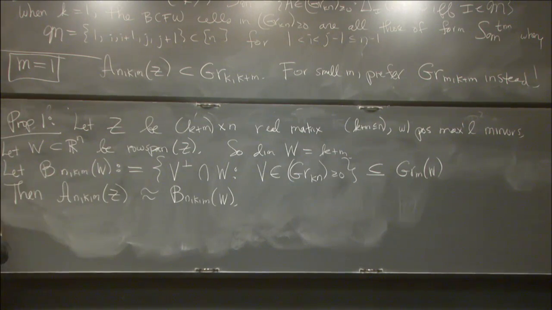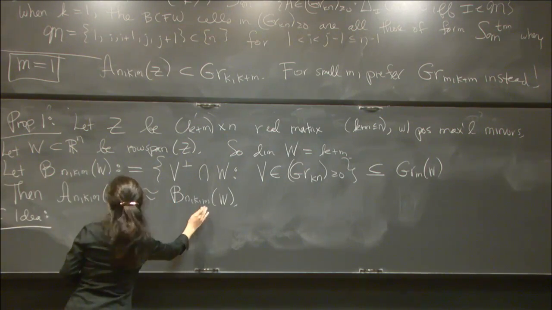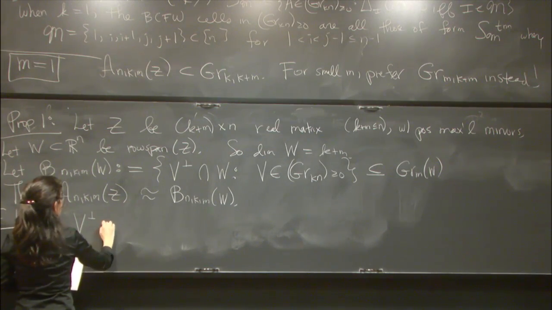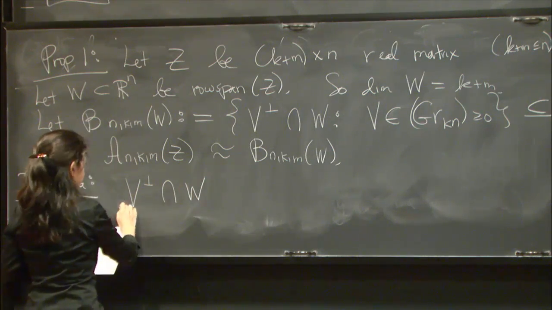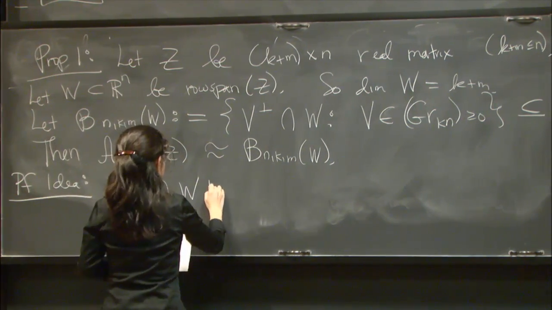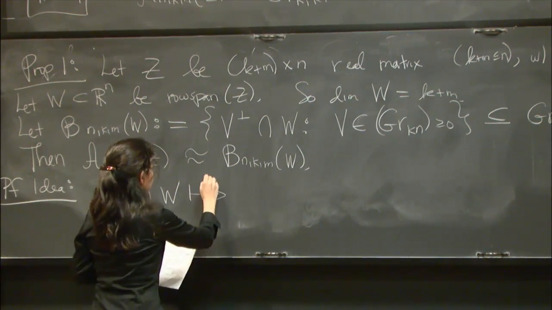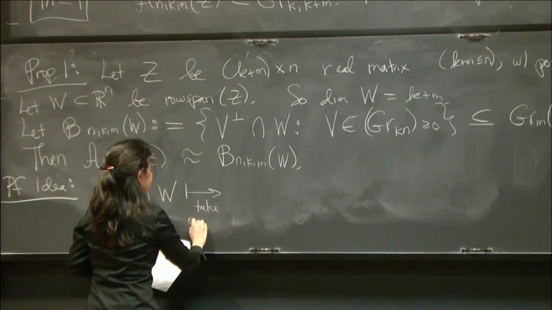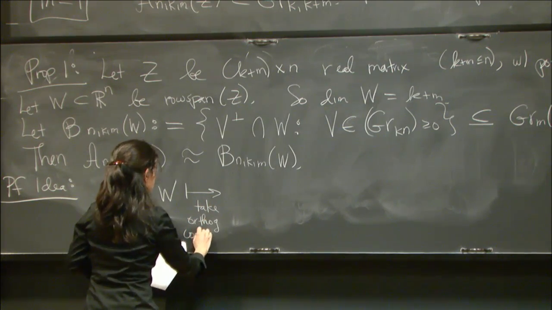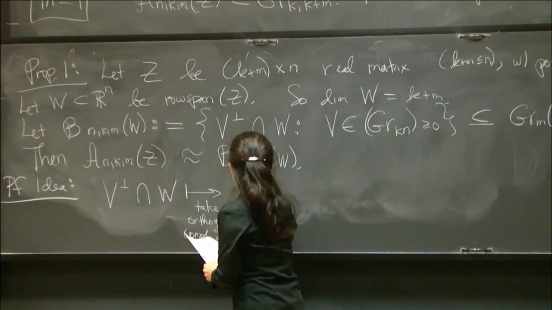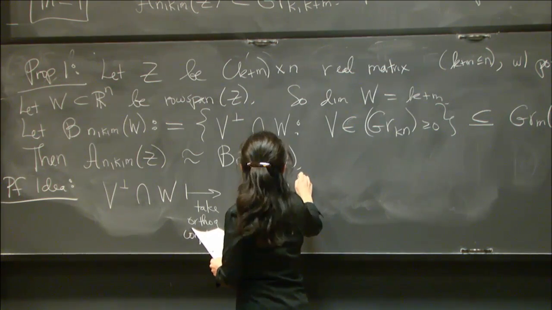The proof is not too hard. I'll just explain the proof idea, which is that if you start on this side, then we're working with things of this form, V perp intersect W. So these are both subspaces of R^n. We're going to take the orthogonal complement in R^n, which maps us to the span of V plus W perp.